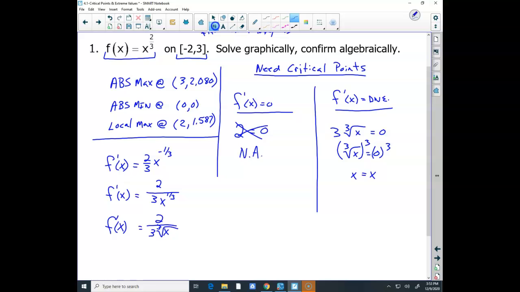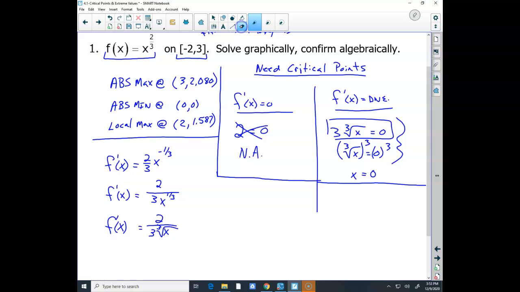Hopefully you just see x equals 0 right here, so you don't have to show all this. So I do have a critical value. I have a critical point at x equals 0.